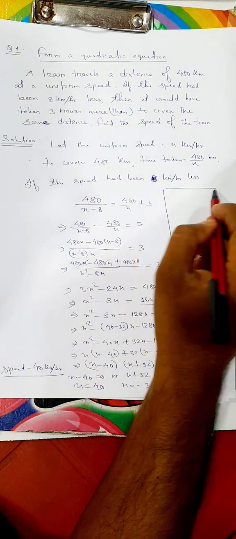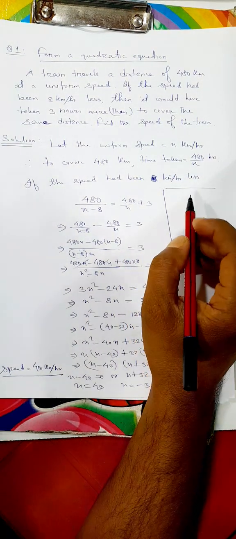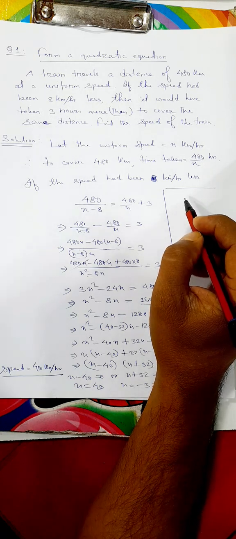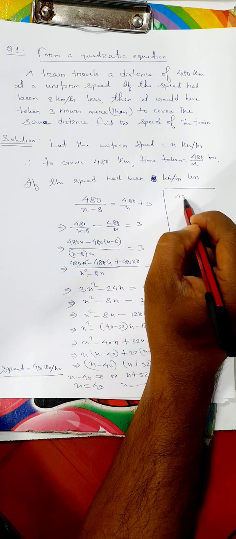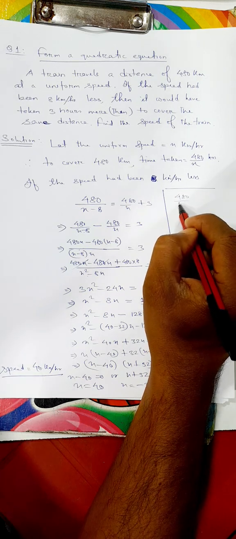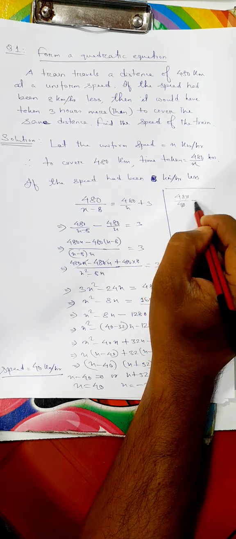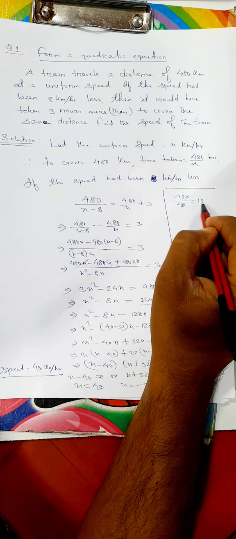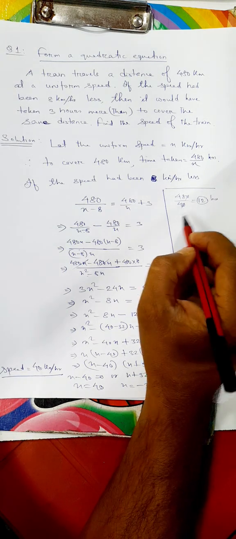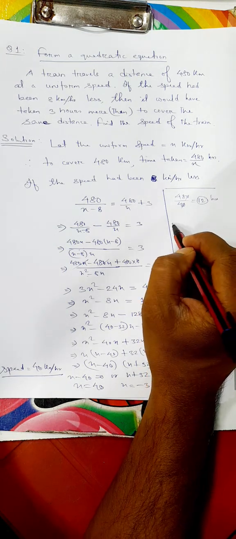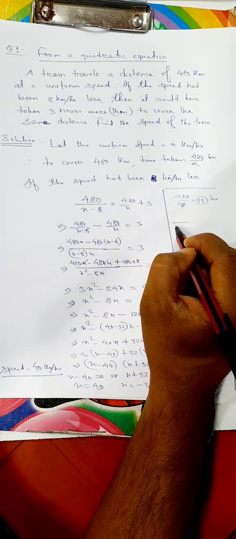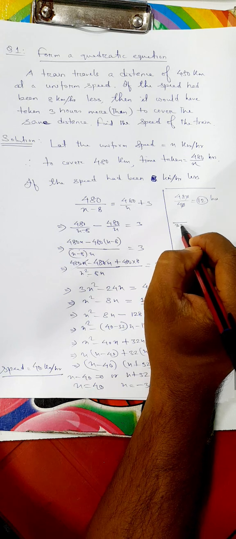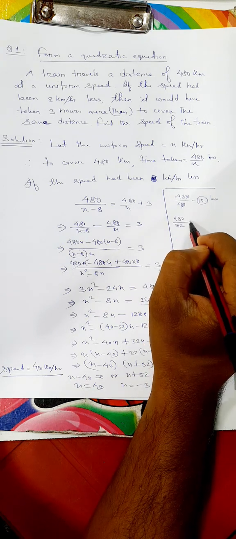Now let's check whether our answer is true or false. Now you see, 48 km distance at 40 speed, time taken will be 12 hours, right? Now if speed is reduced by 8 km per hour, 40 minus 8 equal to 32, 480 divided by 32.